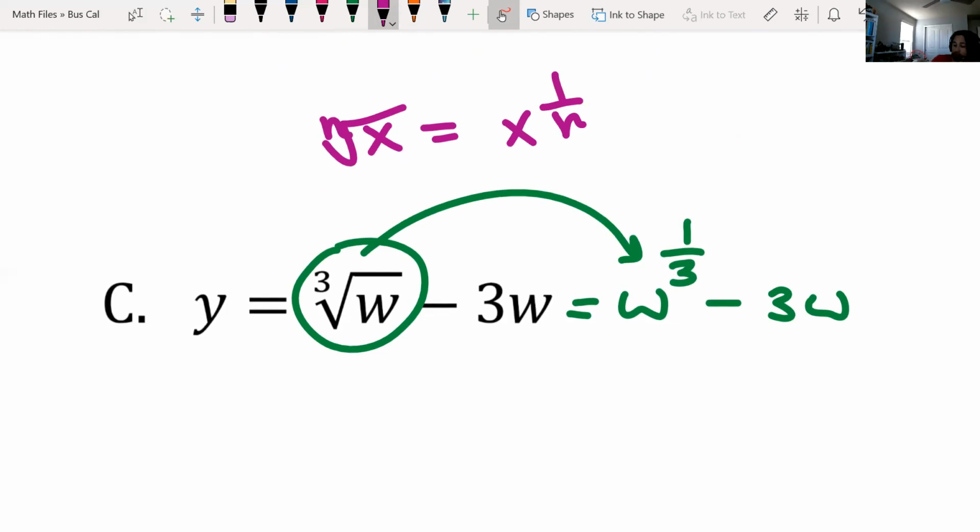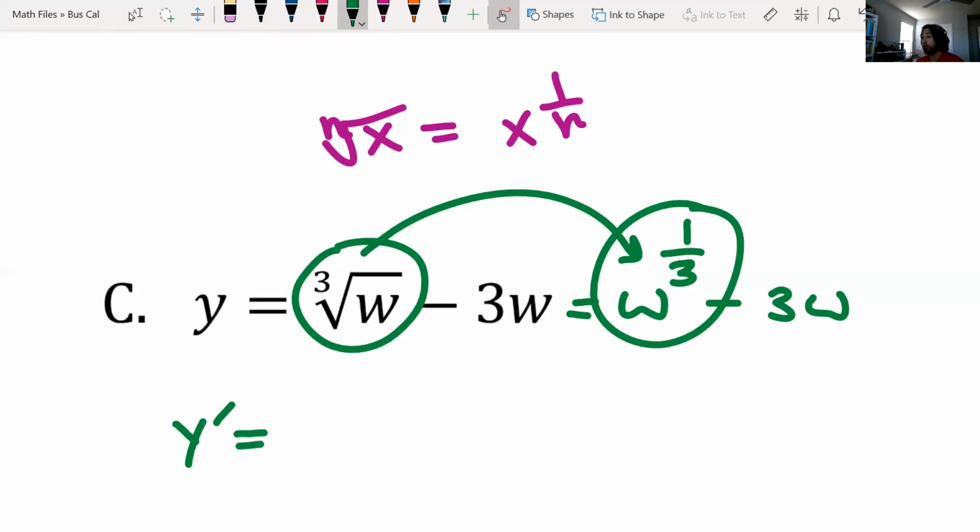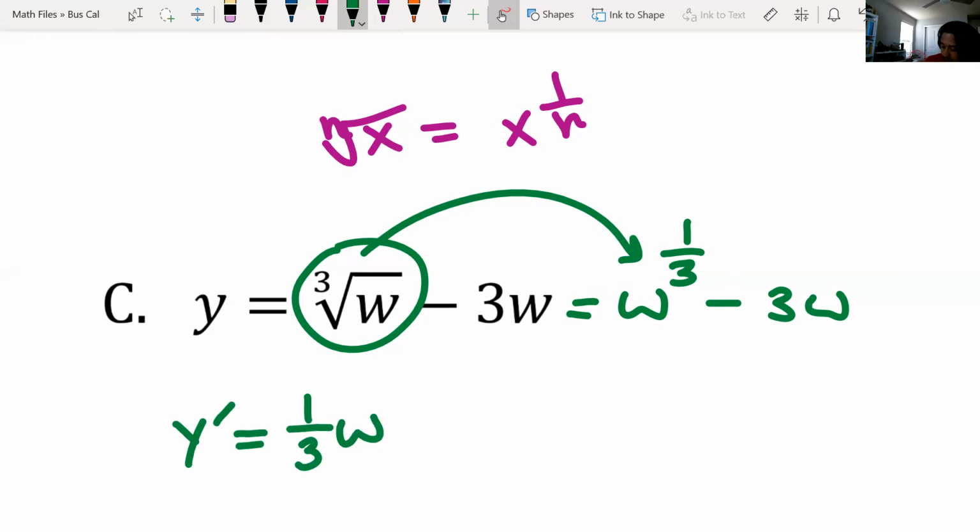Okay. We are now in the perfect form to take the derivative. So I'll say y prime equal to, and let's look at W to the 1/3. What's the derivative of that going to be? One-third. 1/3 W to the what power?